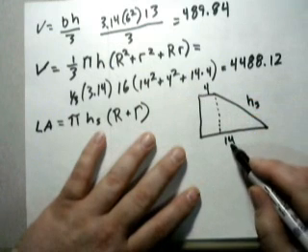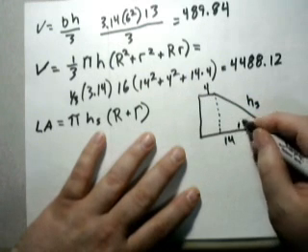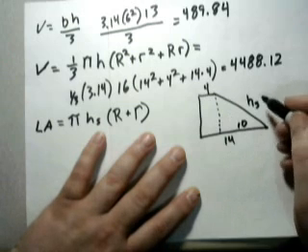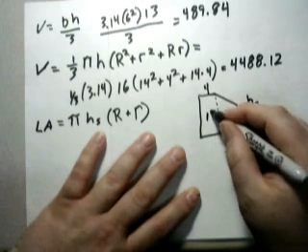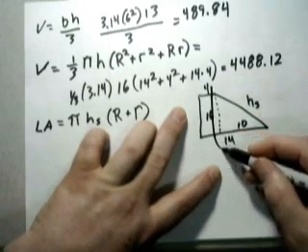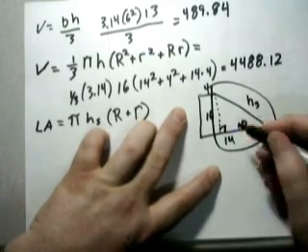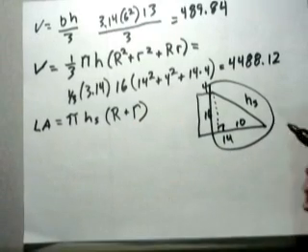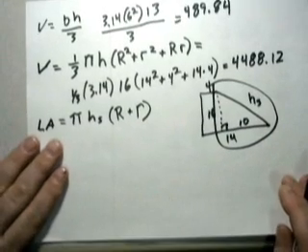So if I take this 14 and I cut that 4 off, I've got 10. Now this height I already know is 16. So we're looking at this triangle, and there's the right angle right there. So we're looking for the hypotenuse.